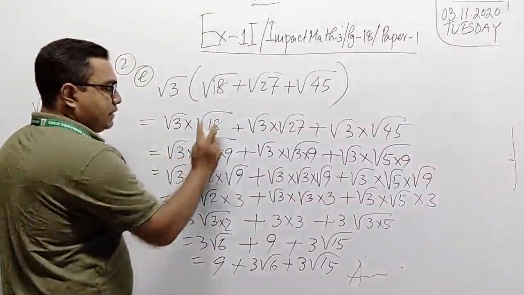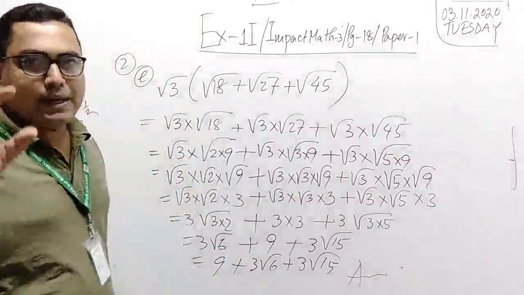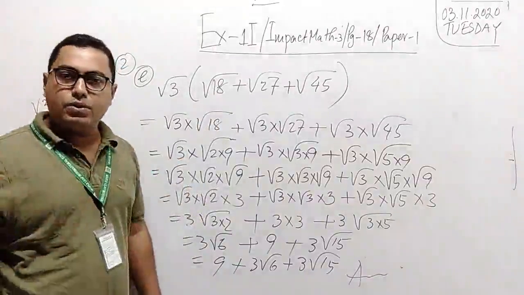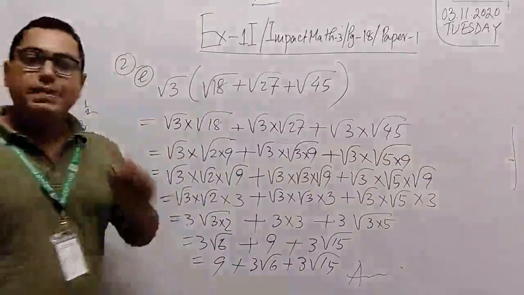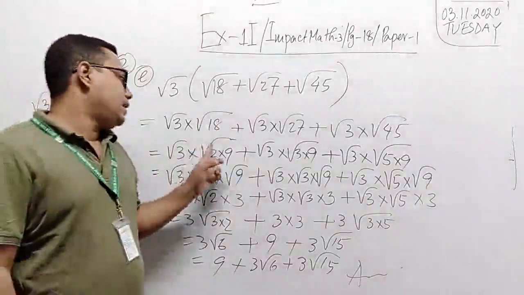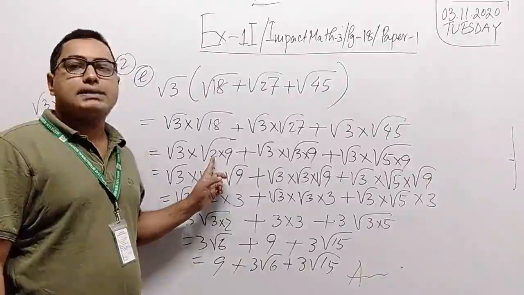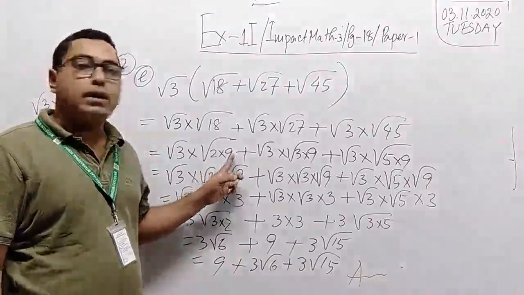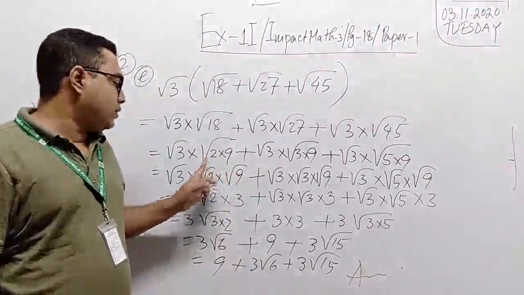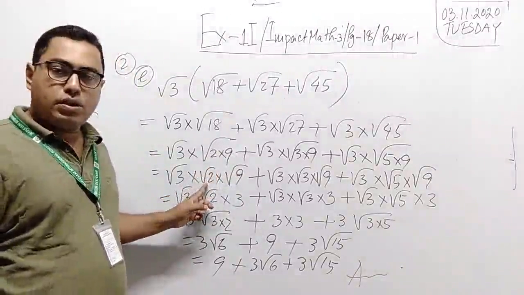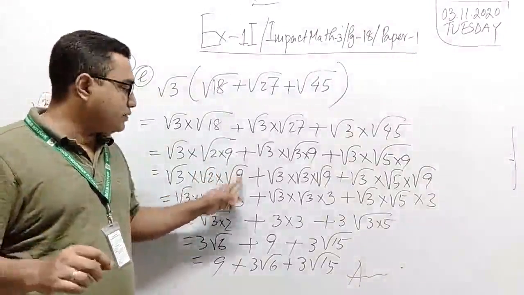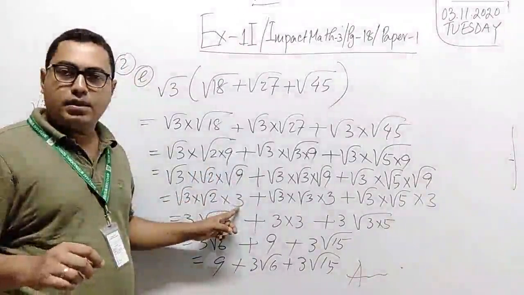Here you will find a factor so that you can simplify that number into short form, the simplest possible short form. Here 18 can be represented as 2 multiplied by 9. Square root of 2 is in short form. Square root of 9, we have 3.